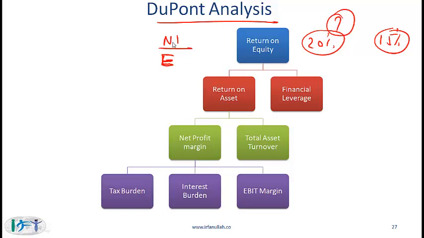We can think of net income over equity or return on equity as the product of return on assets and financial leverage. Return on assets is net income divided by total assets, and financial leverage, as we have seen on an earlier slide, is assets divided by equity. Notice that when you multiply these two expressions, the assets cancel out and you have net income divided by equity. So it is possible that we have a high net income over equity because of high leverage.